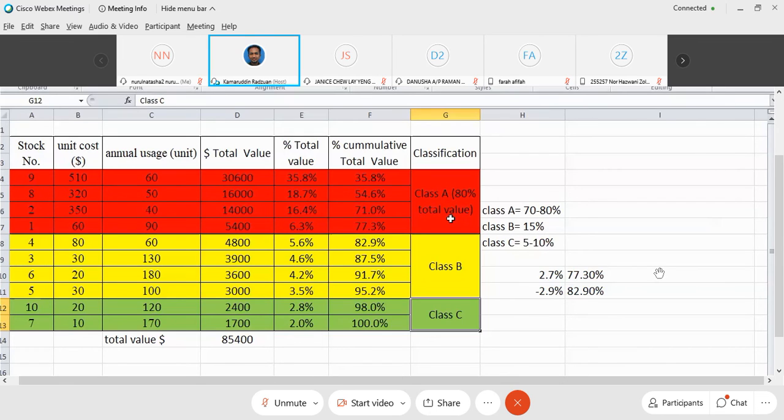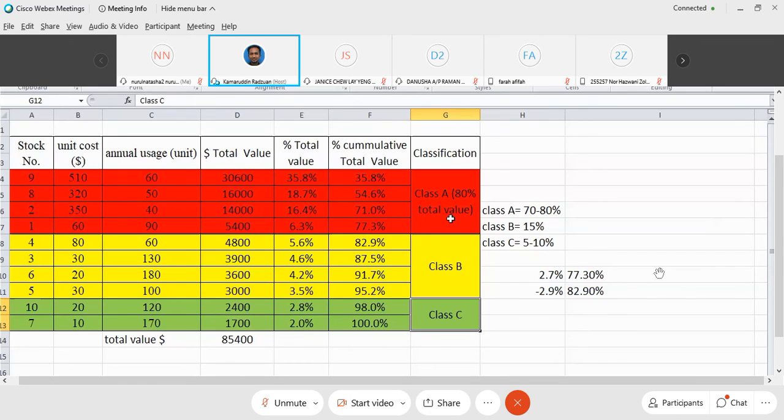And of course, the ABC analysis that we learn in this class is a guideline or approach on how to do the classification of inventory.